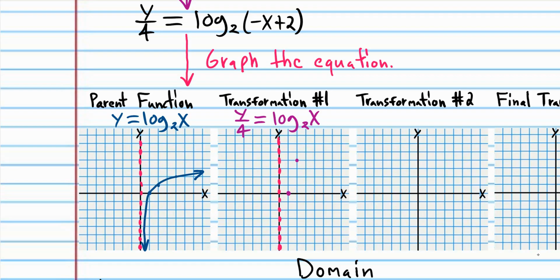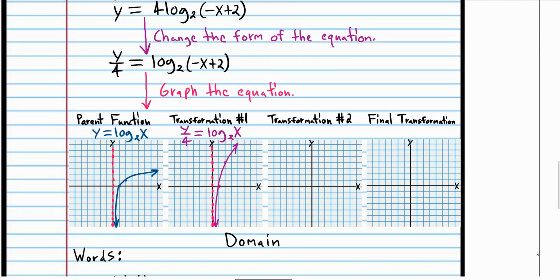And maybe we can plug in some other values, but I think we're going to go off the window. If we plug in 4, we get 2 here, and we get 8 for y. So that's going to be off the window, it looks like. So I'll just connect the dots. The graph doesn't have to be 100% accurate.